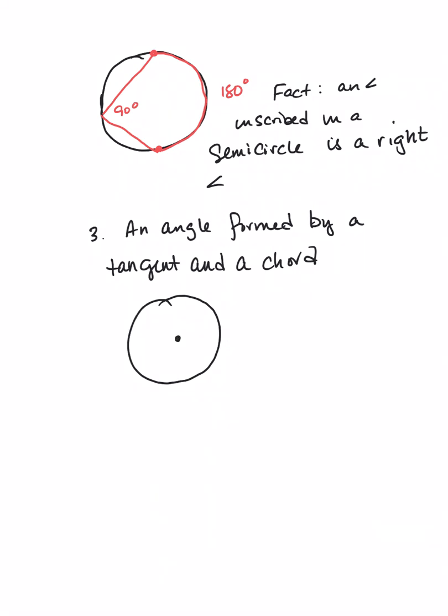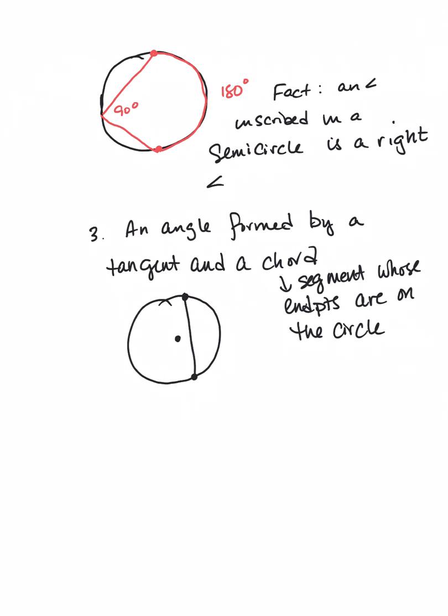Well, a chord, remember a diameter is a chord, so I'm going to make another chord besides a diameter. So a chord is just a segment whose endpoints are on the circle. Now, a tangent is a segment that touches the circle at one and only one point.